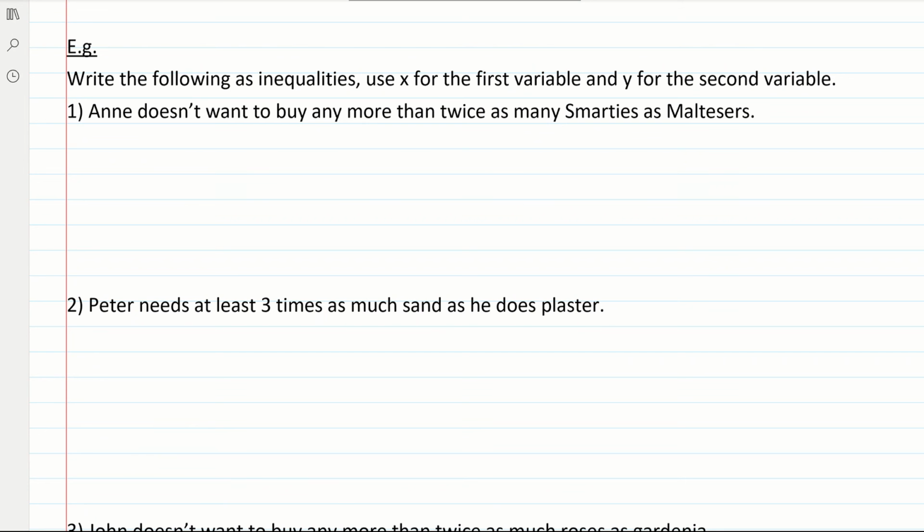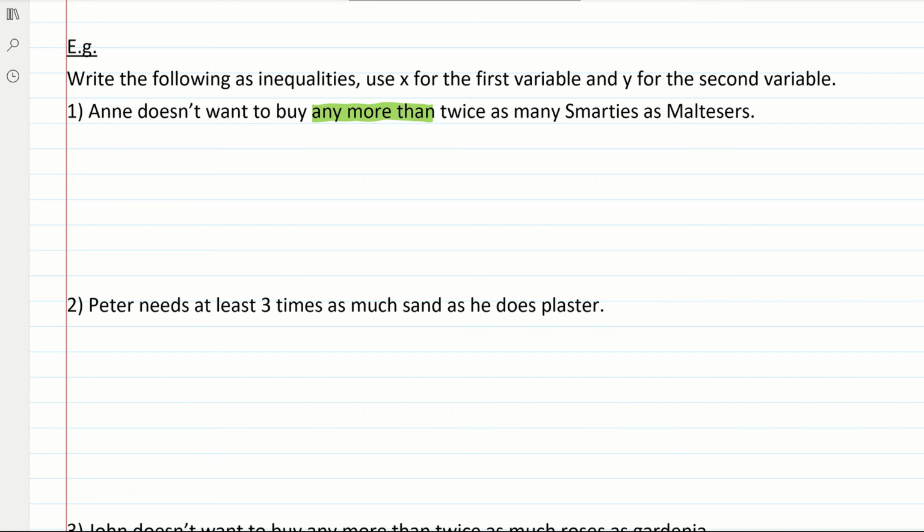So it says, write the following as inequalities. Use x for the first variable and y for the second variable. So let's have a look. Anne doesn't want to buy any more than twice as many Smarties as Maltesers. So we need to break it down, and I like to start with the inequality. Any more than.